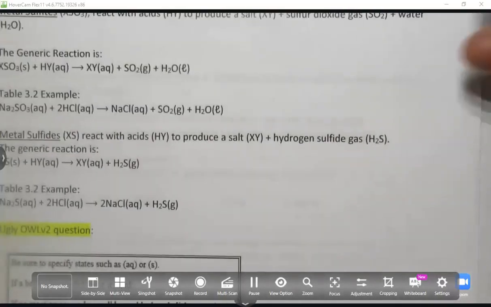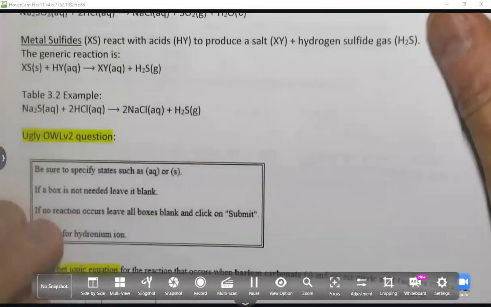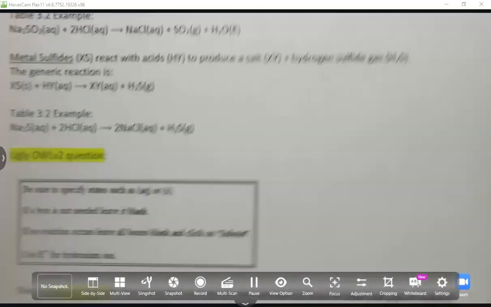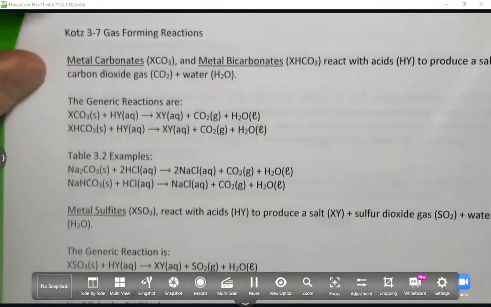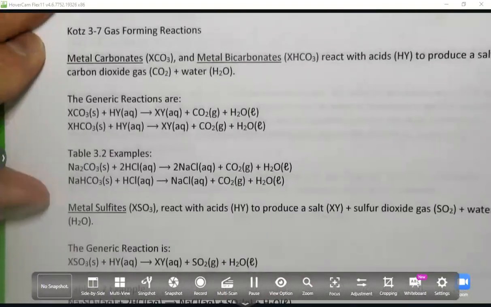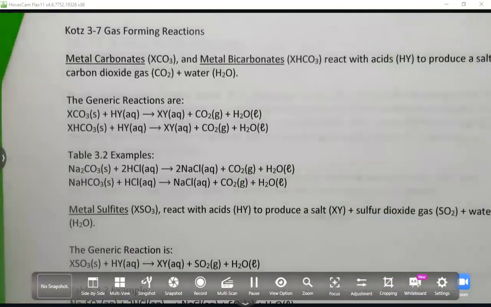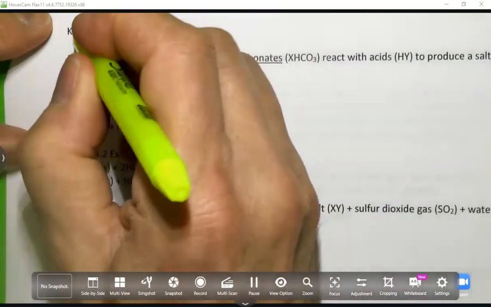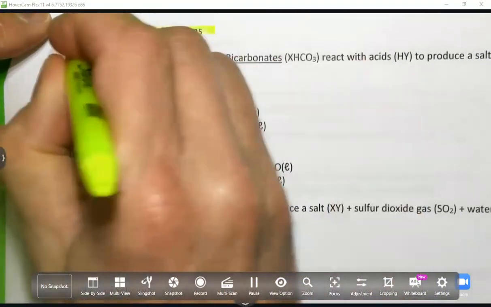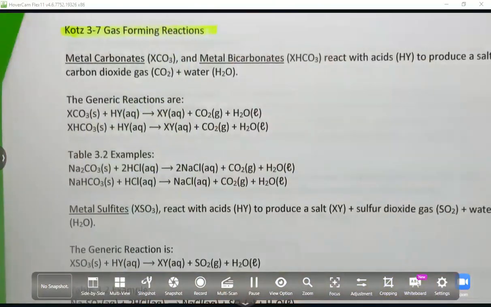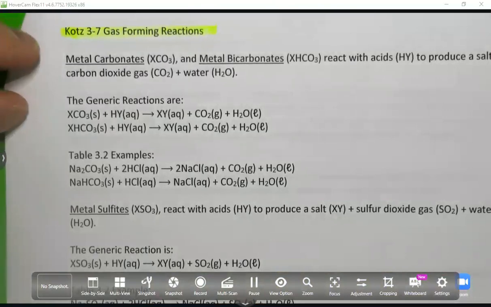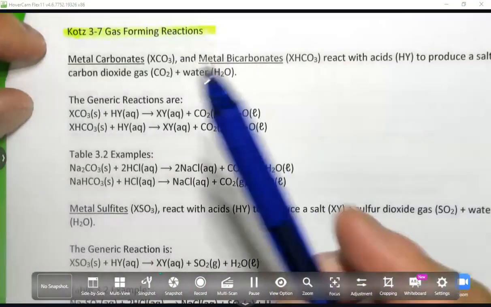Okay. Now we just have to finish up, I believe, page 16 here, and we're going to be done. So this is 3-7 gas forming reactions. Okay, so there's a generic way to look at these.